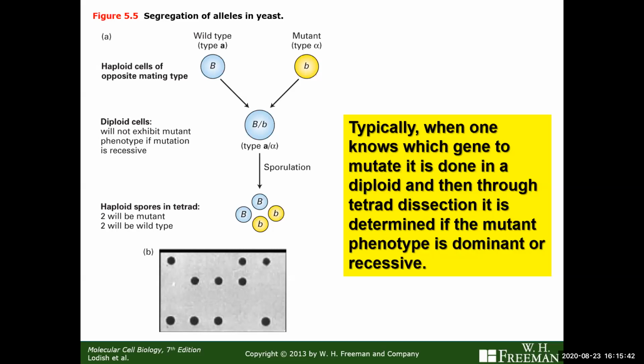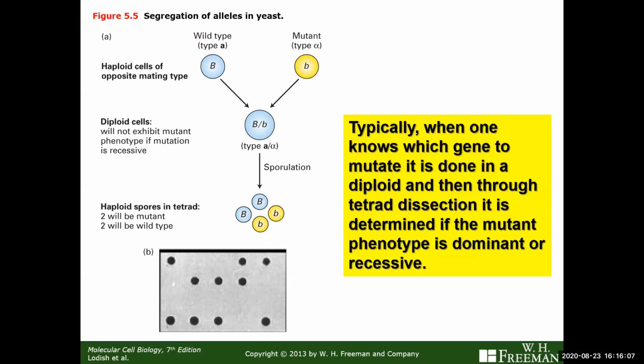Let us take an example. Let's say that the gene in question, capital B or small b, is responsible for growth of yeast cells in the presence of galactose. Now the wild type will have all the genes for galactose metabolism.